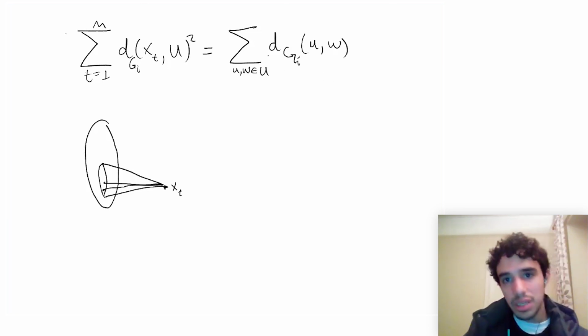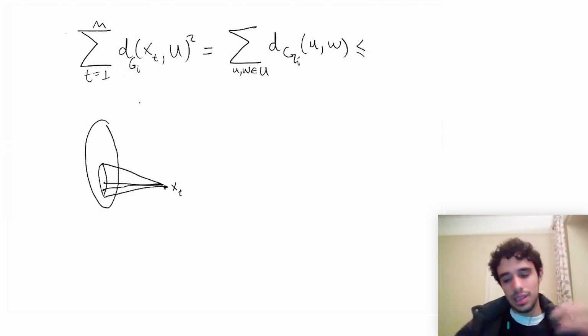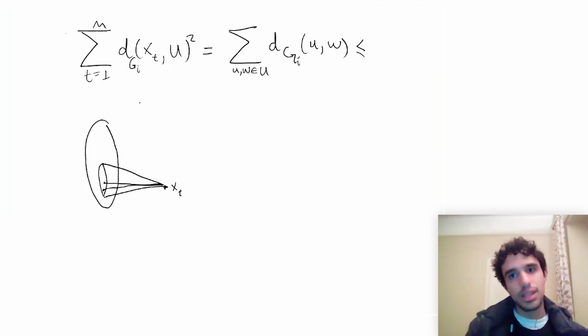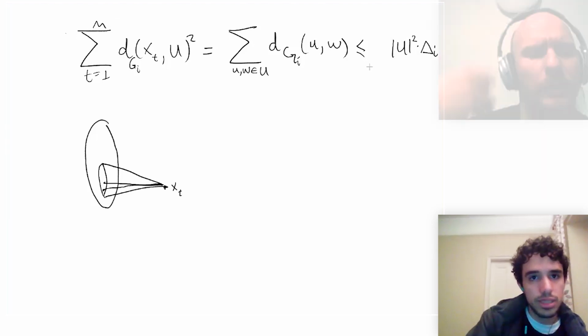And now here's where we apply the bound on the co-degrees. This gives a bound on the sum of the increments squared in this martingale, and this ties back to showing that you have concentration. So you get a bound here of basically eta times the size of U squared times Delta_i. Sorry, maybe I'll rearrange this.